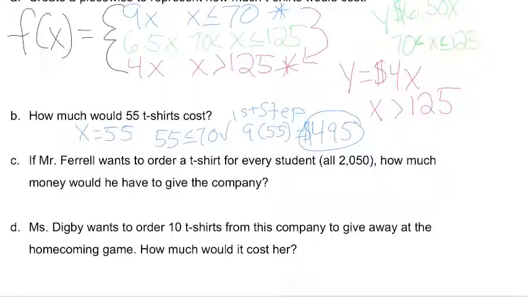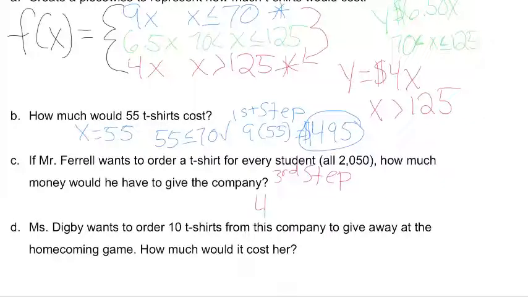So 2,050 is bigger than 70, so it's not less than or equal to. 2,050 is greater than 70, but it's not less than or equal to 125 in step 2. So it has to be step 3, where 2,050 t-shirts are greater than 125.